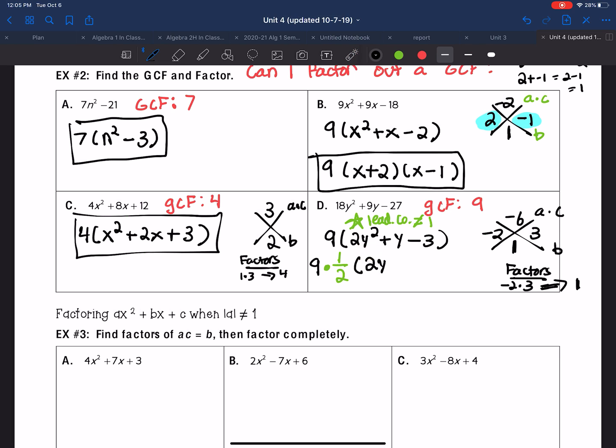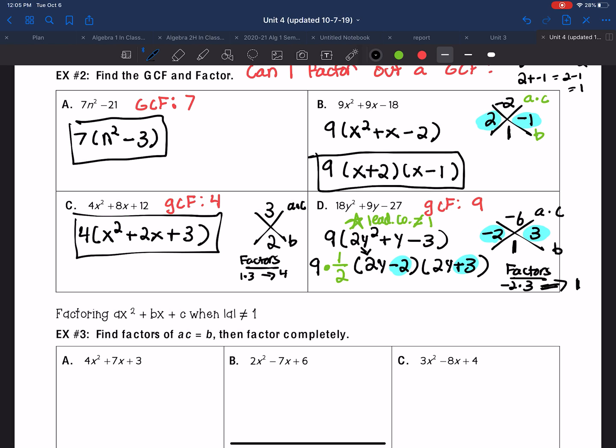Okay, so I have 2y minus 2 times 2y plus 3. So again, I am dragging and dropping those factors inside of my binomial. And because my leading coefficient was not 1, I had to drop down the 2 y's, okay?